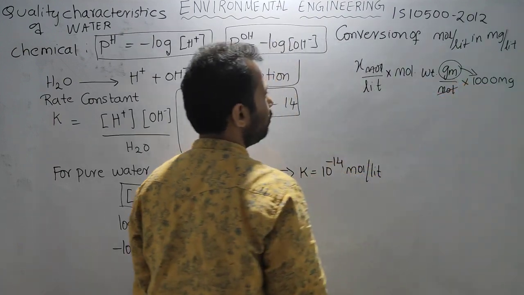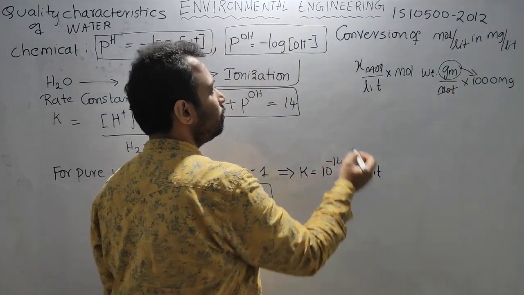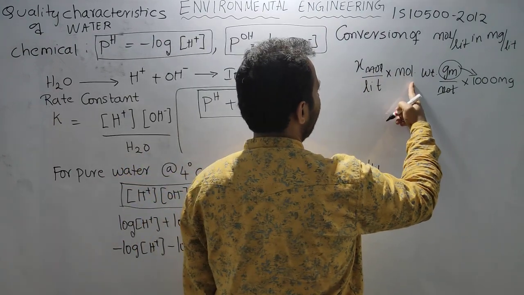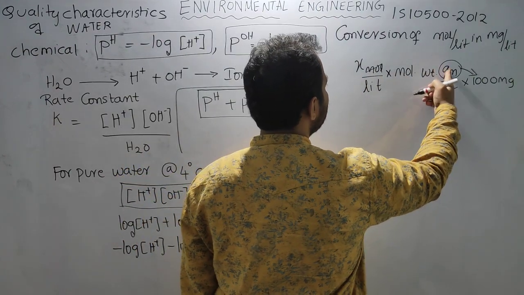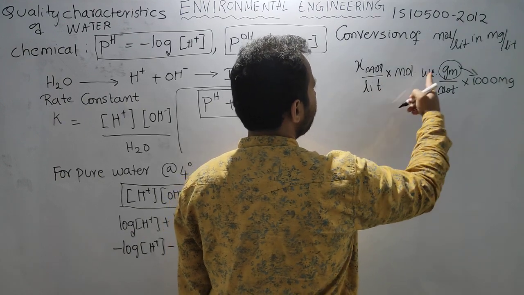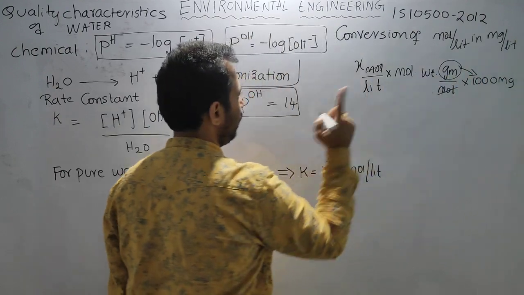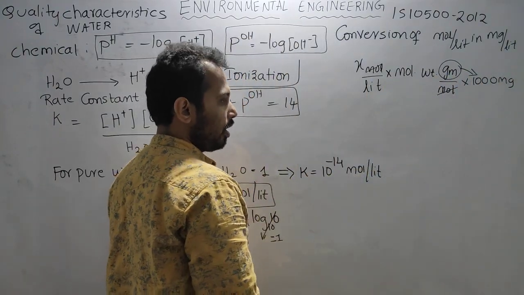So x mole per liter, if I multiply it with the molecular weight, it will become gram per liter. If I make this gram into 1000 milligram, then it will become milligram per liter. Are you getting what I am saying?